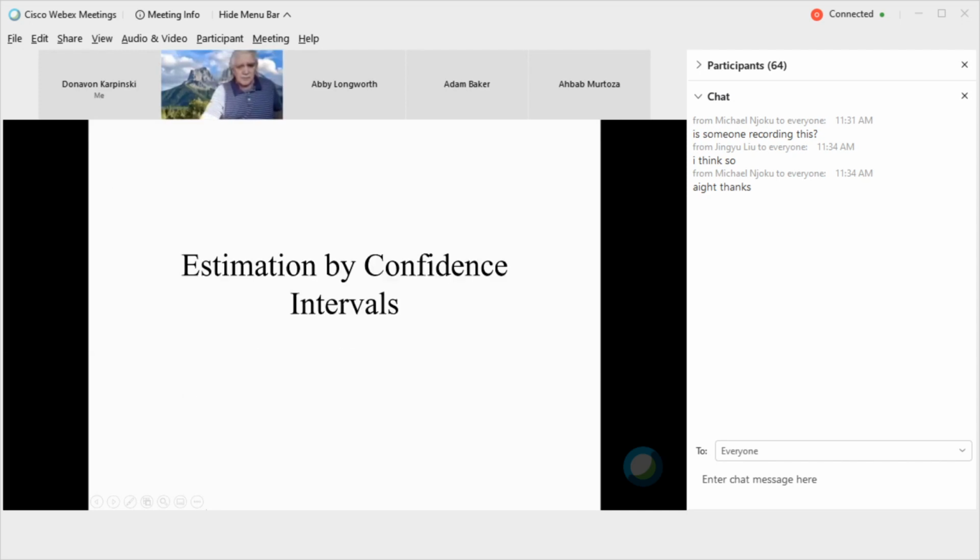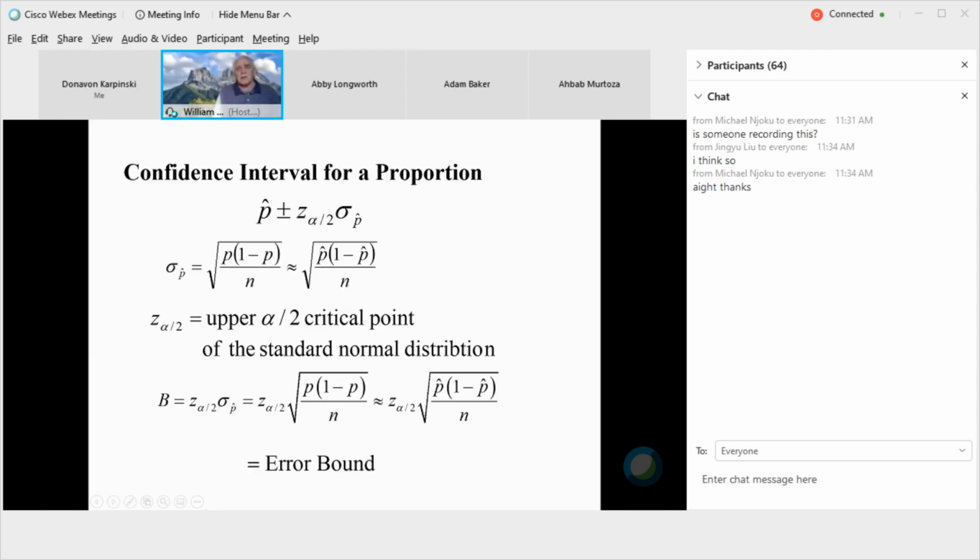So just a quick summary. Estimation by confidence intervals. There's the formula for the confidence interval for a proportion. Sigma p hat is the square root of p(1 minus p) over n. Replacing p by p hat is not a big deal because usually the sample sizes are quite large, quite a bit greater than 30, up around 100, sometimes a couple thousand.